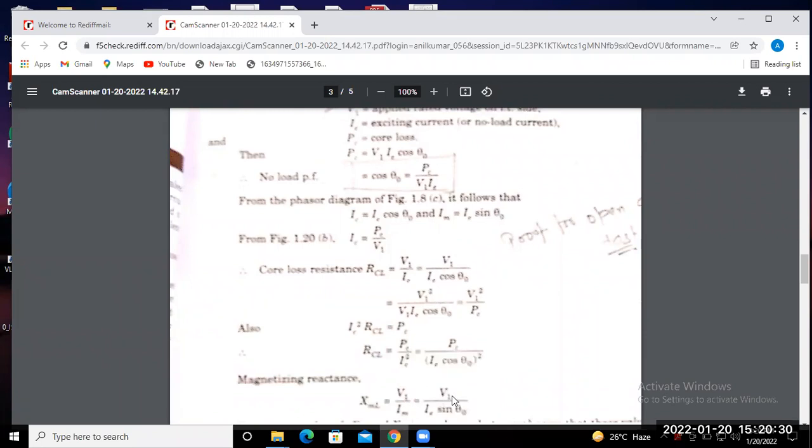IM. So you can write here V1 by IE sin theta 0. Okay. So we can find two parameters with the help of the open circuit test, is not? Core loss resistance and magnetizing reactance. Can we find them out or not?